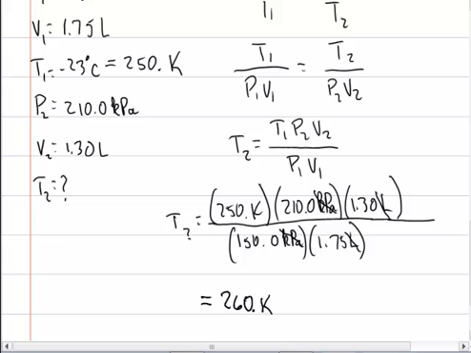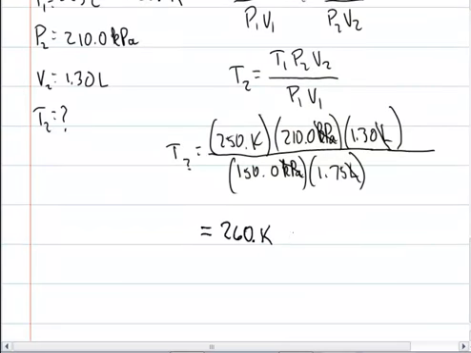260 kelvins. If we want to, then we can convert that. You were not told specifically to do that in this case, so you wouldn't necessarily have to. But usually you want to give the temperature in the same units that the original temperature was given. 260 kelvins.